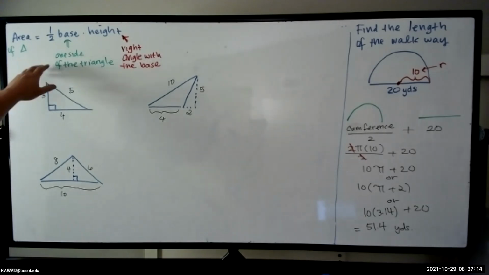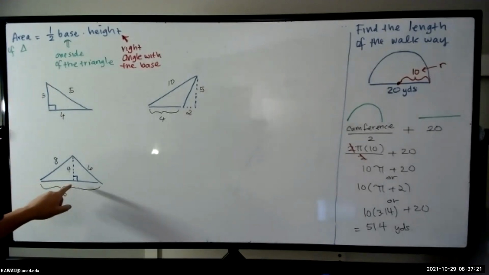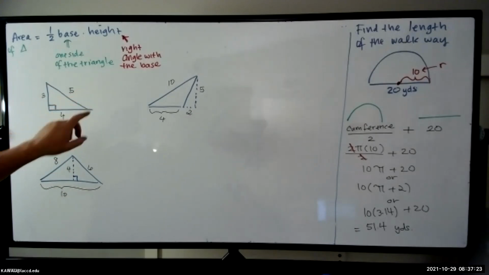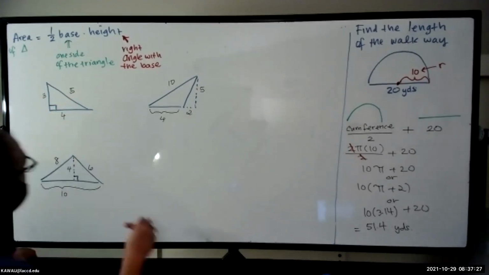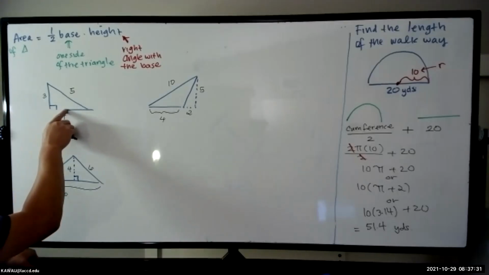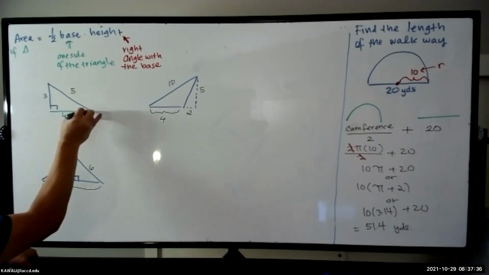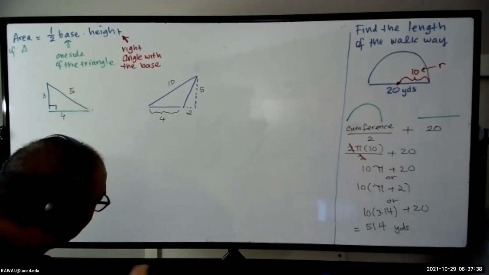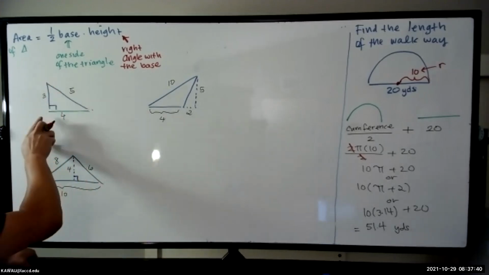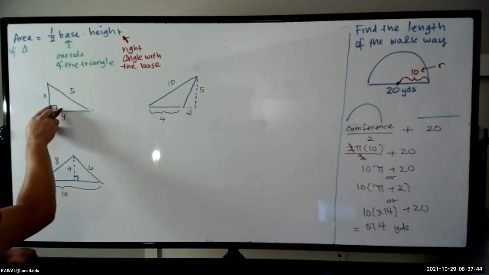Now, the key thing is that the base is going to be one side of the triangle, and the base and the height are going to form a right angle. So when we have something like this, one's not too bad. We can see that this is the base, and the height is, when I draw a right angle, what is the furthest point from this line?